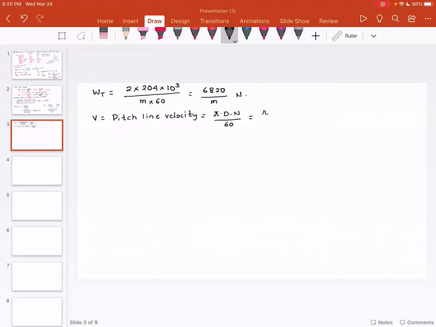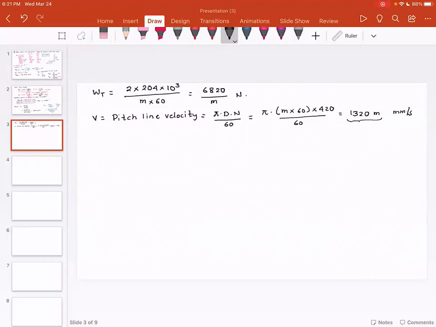So I have pi times module multiplied by 60 multiplied by speed 420 RPM divided by 60, and that gives me 1320 m millimeters per second. So this is the pitch line velocity.